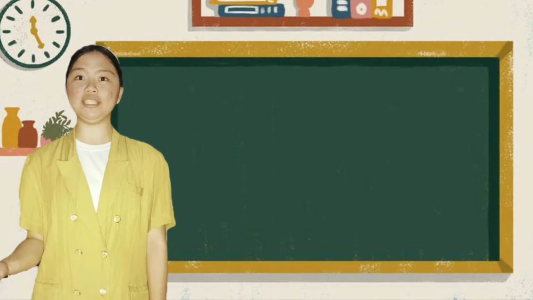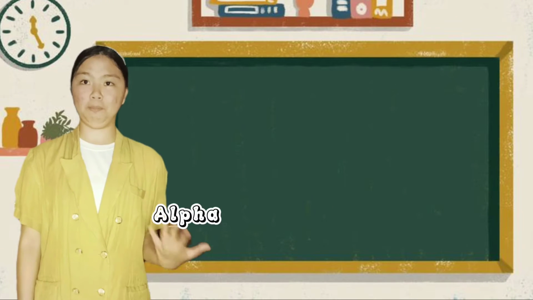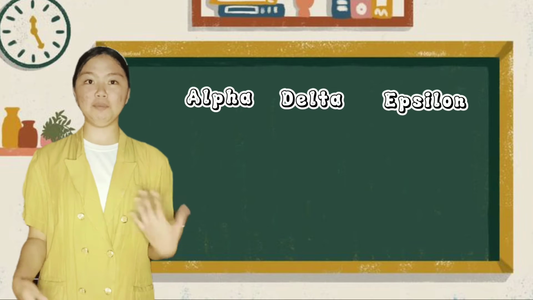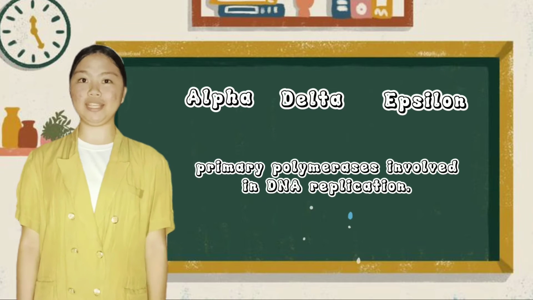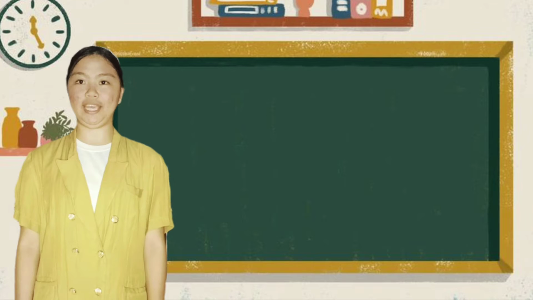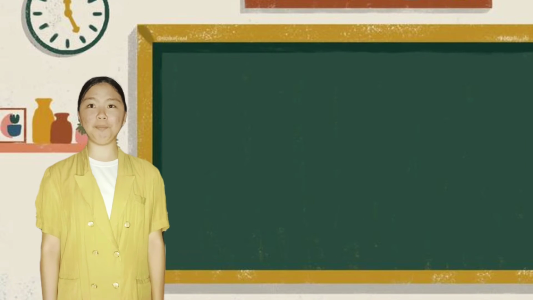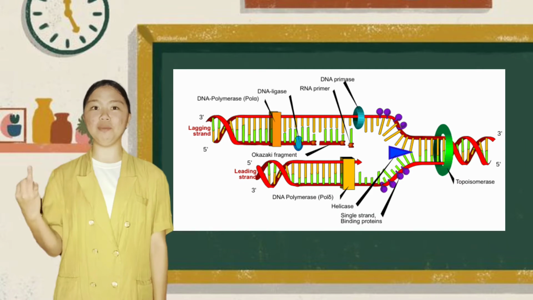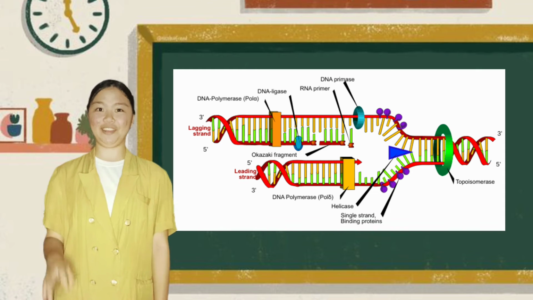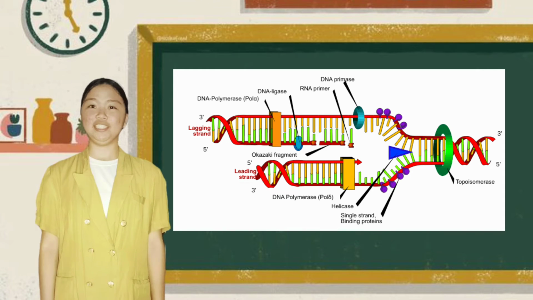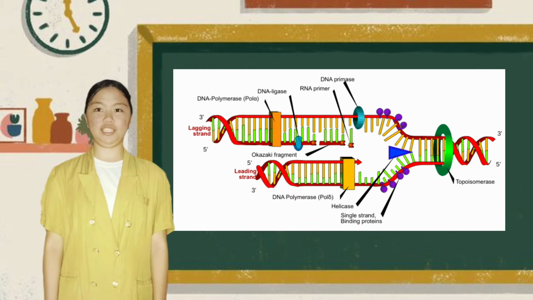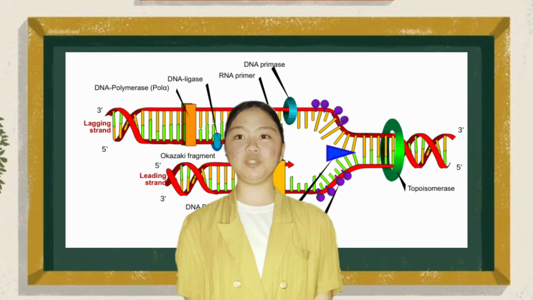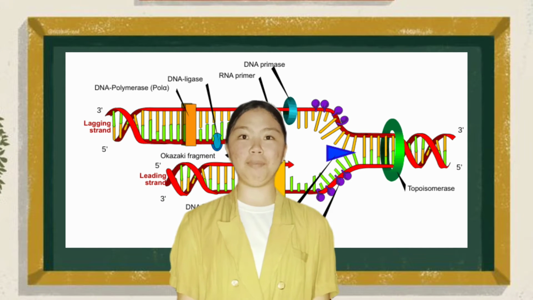In eukaryotic cells, polymerases alpha, delta, and epsilon are the primer polymerases involved in DNA replication. Because replication proceeds in the 5 to 3 direction on the leading strand, the newly formed strand is continuous. The lagging strand begins replication by binding with multiple primers.